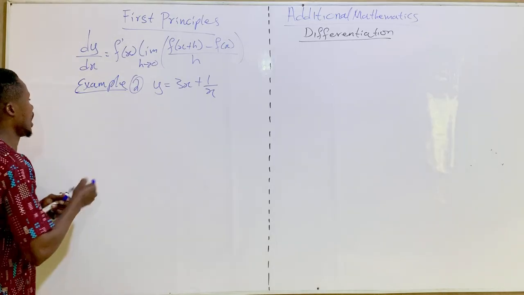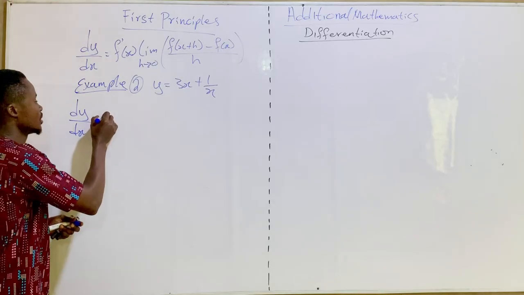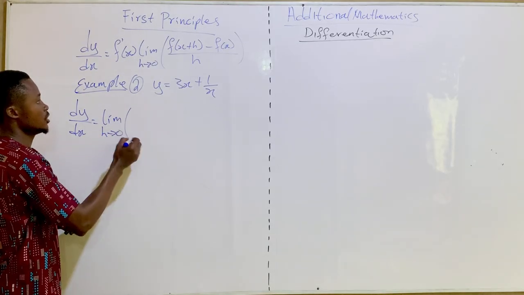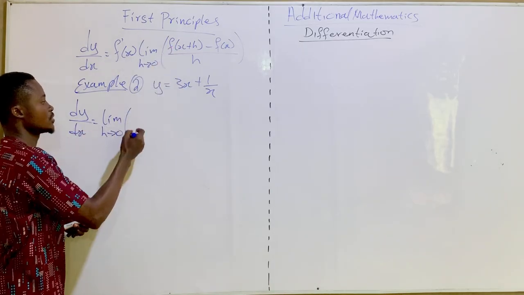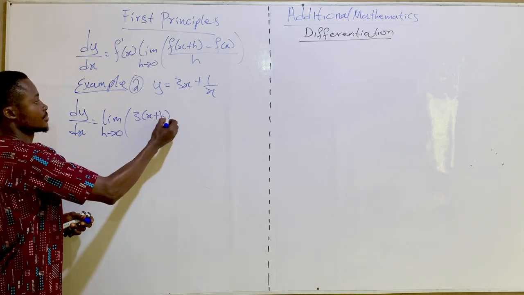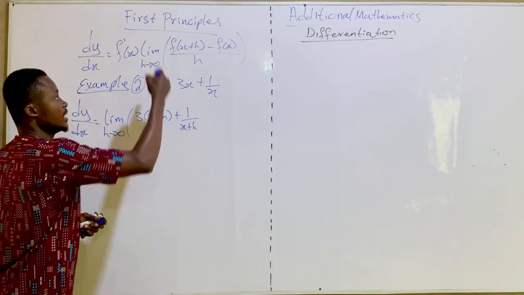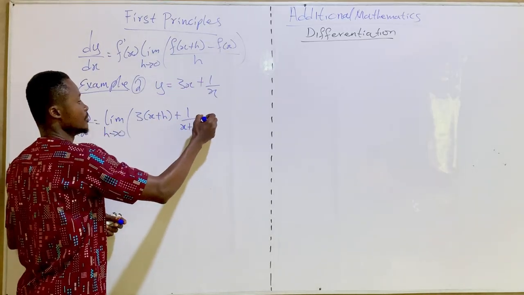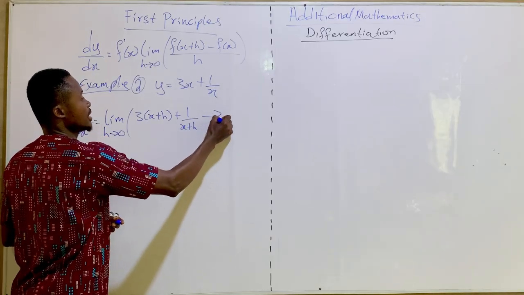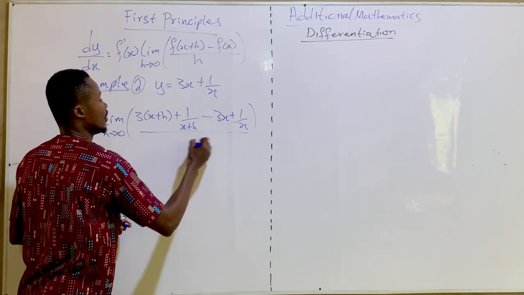So our dy over dx will be equal to the limit of h approaches 0 of the bracket, wherever we see x, we substitute what we have over there, then minus the same function again, which is (3x plus 1) all over x, all over h.